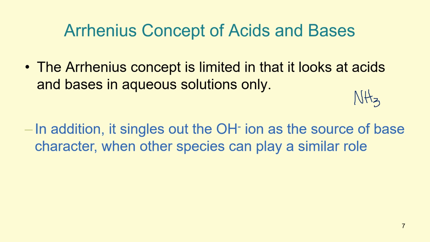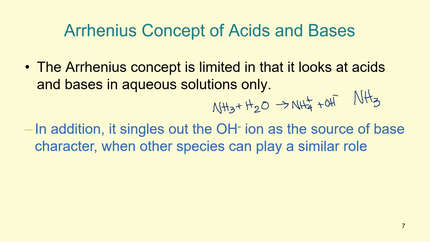And when you first look at that, you think, well, how is that a base? Well, actually, if we put NH3 in water, and we'll talk about it in the next section, what happens is you get NH4+ plus OH negative. So OH negative is produced. So it is an Arrhenius base in that way, but it's hard to tell sometimes.